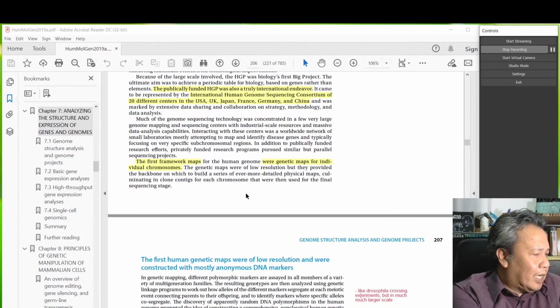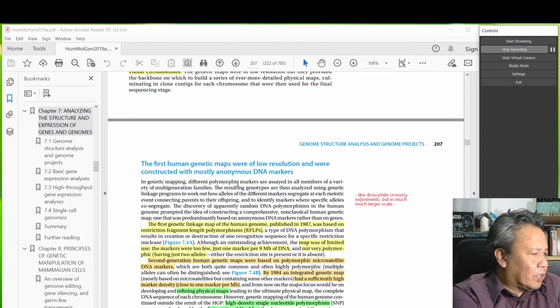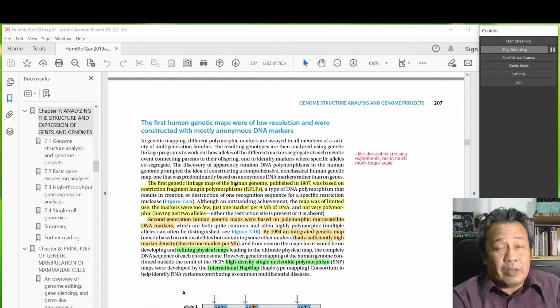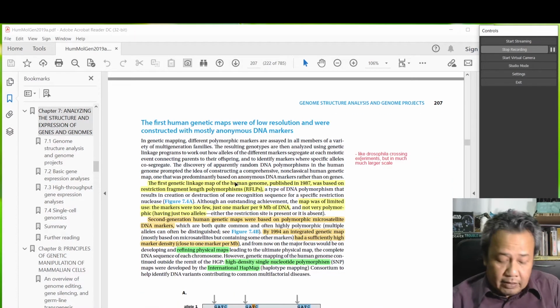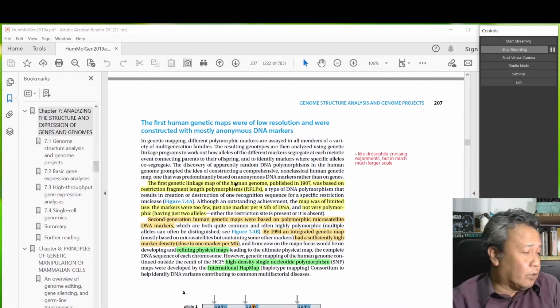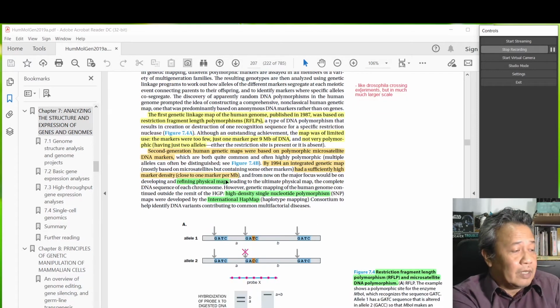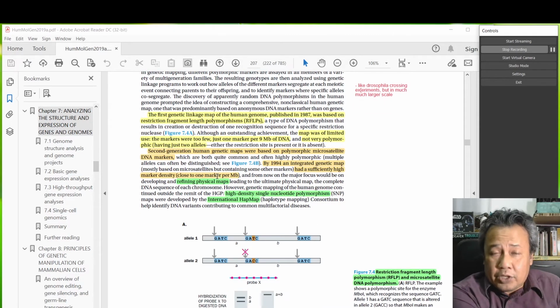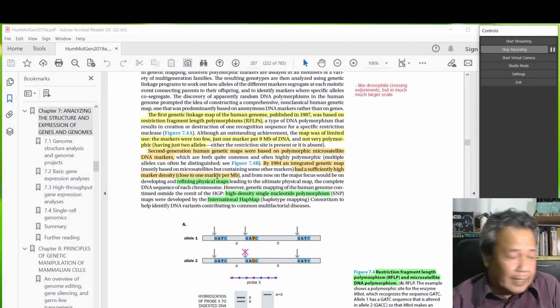I'll move on quickly. Then it talks about the first human genetic maps. I already mentioned what maps are. A map is having markers or landmarks on the human chromosomes. It says one of the first maps is the RFLP, restriction fragment length polymorphism, which you get depending on the presence or absence of cutting sites.